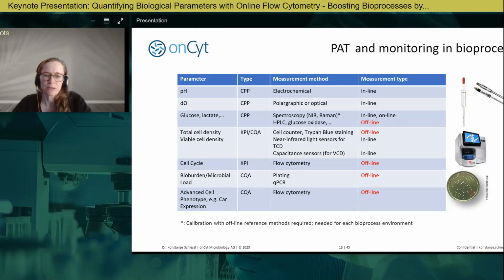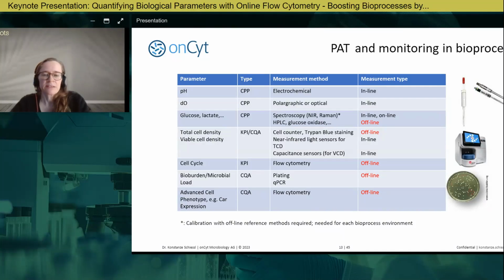So I think the easiest ones of the examples here are pH and dissolved oxygen. And you can see pictures of these on the right. So these are typically super easily integratable into a bioreactor, and they really measure inline. It becomes a little bit more complicated with the metabolites, nutrients, so glucose and lactate. There are several spectroscopic methods available, like Raman, which is very famous nowadays.